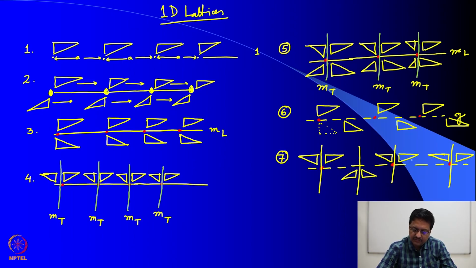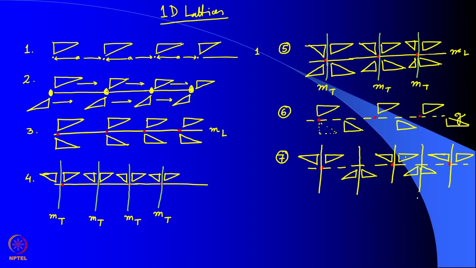Similarly, this object comes here, and that mirror related object comes there and generates a transverse mirror in between. And what we see is between the two transverse mirrors, a twofold axis has got generated.